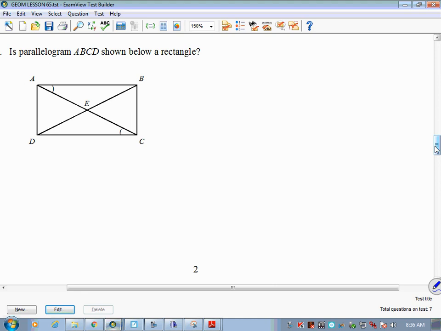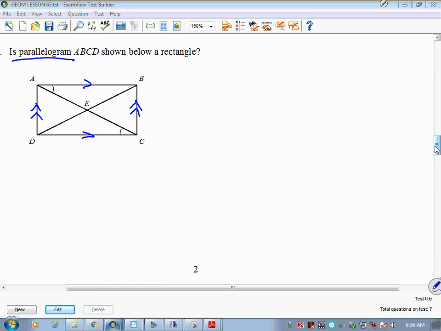All right. Is this a rectangle? Well, notice first it says it's a parallelogram. So we know that AD must be parallel to BC. We know that AB must be parallel to DC.